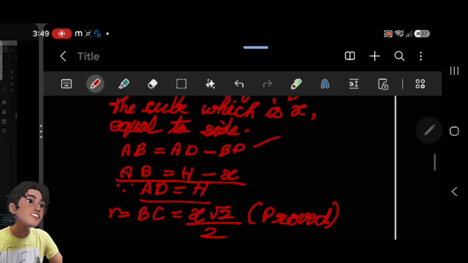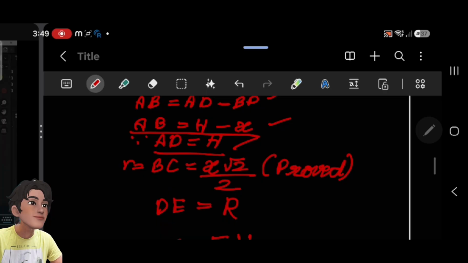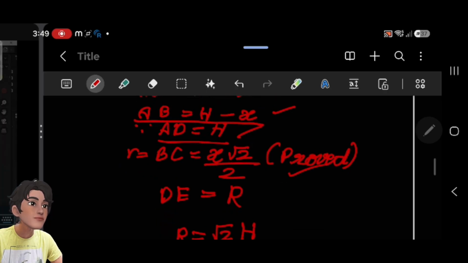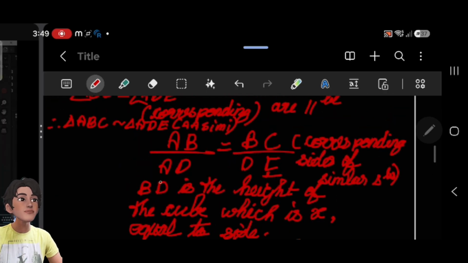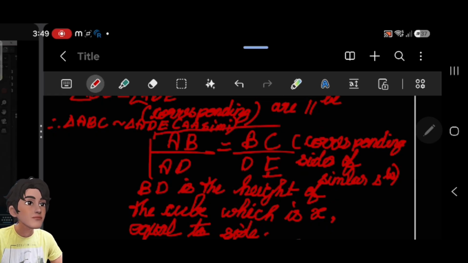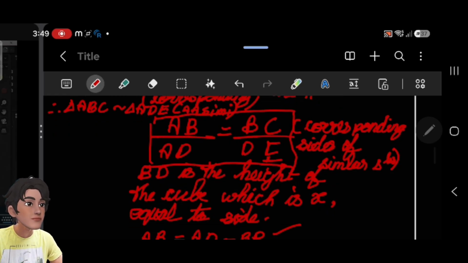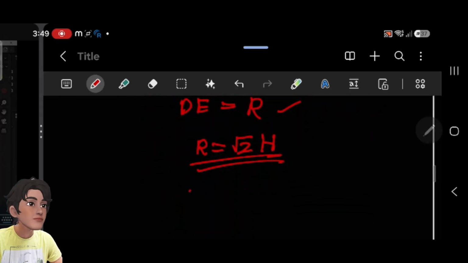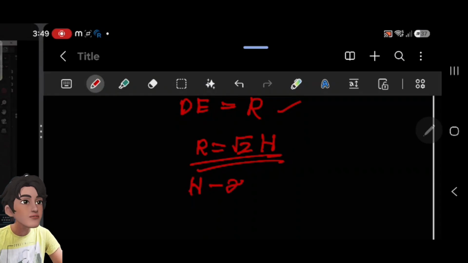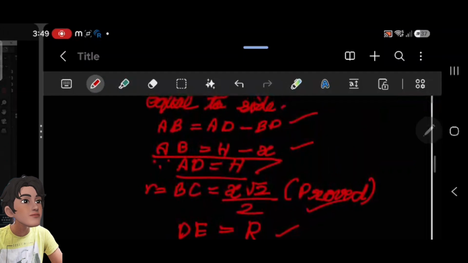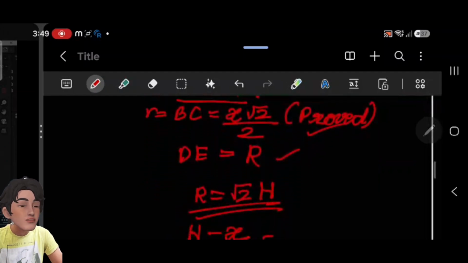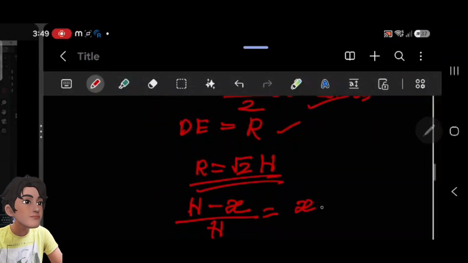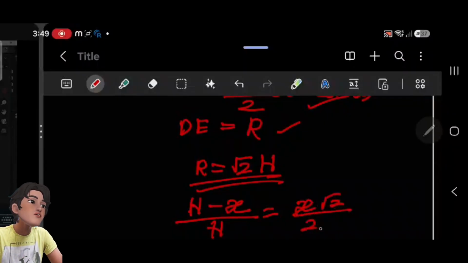Now substituting these four equations in the previous equation which we found due to similarity. Now just writing the values, h minus x divided by h would be equal to BC by DE, therefore x root 2 by 2 by R, which I am writing as x root 2 by 2R.